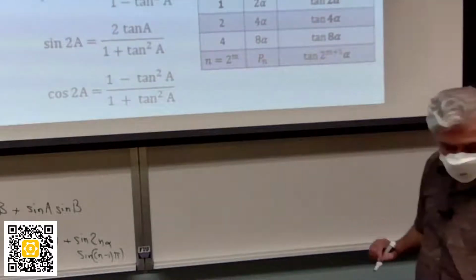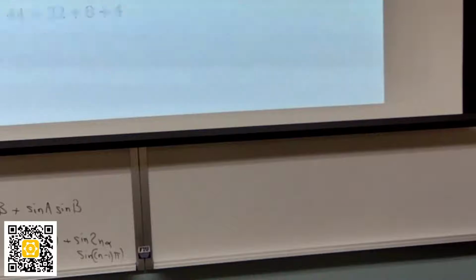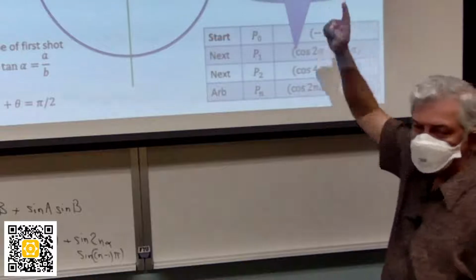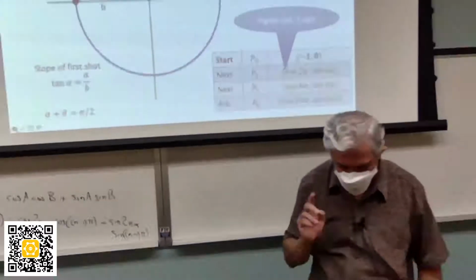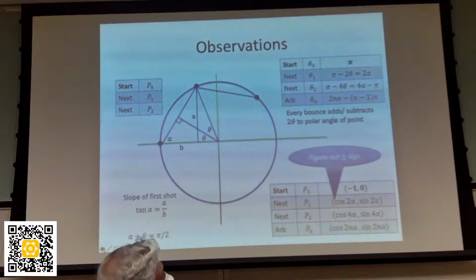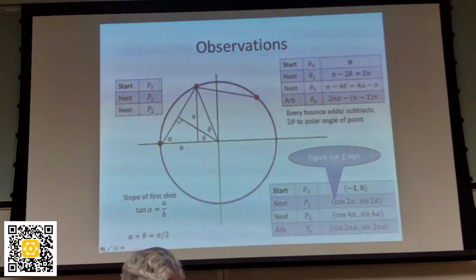Actually, we should go back to this picture here. For some reason, my mouse is refusing to work, but that's OK. If you look over here, it says that the polar angles are very well defined. It starts off at pi and then becomes pi minus 2 theta, then pi minus 4 theta, and so on.